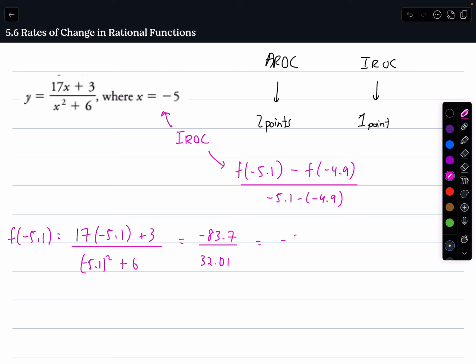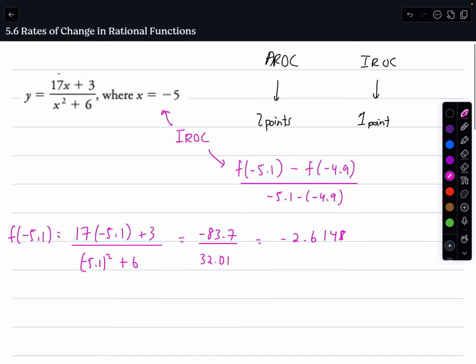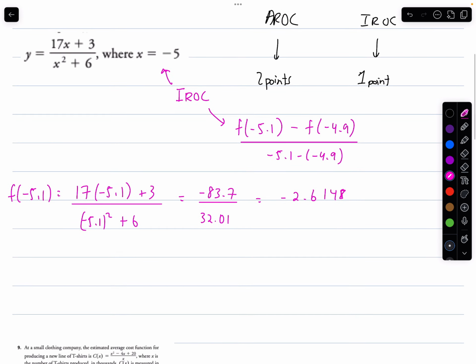And then this gives us negative 2.6148. Now I want to always get at least 4 or 5 decimal points because I know as these questions get more precise, we need more decimal points to increase the accuracy of our answer.